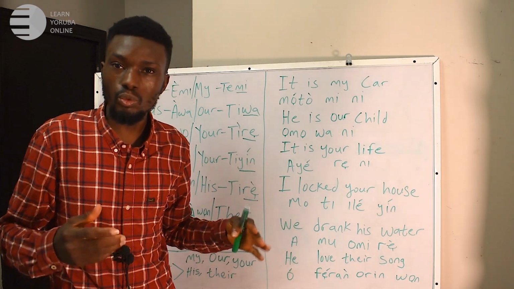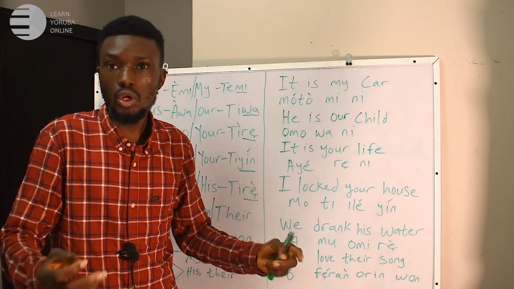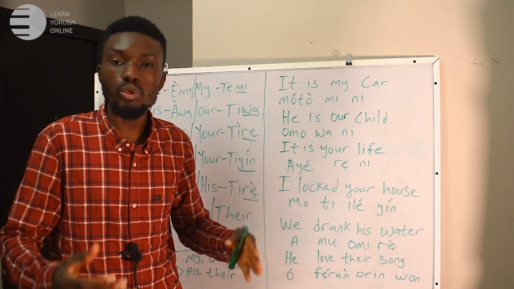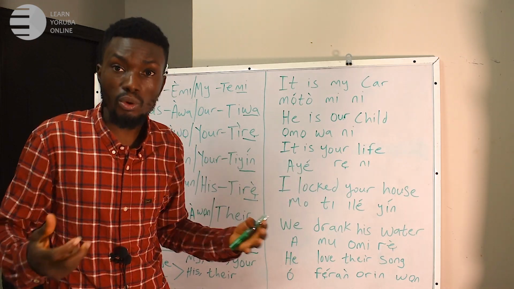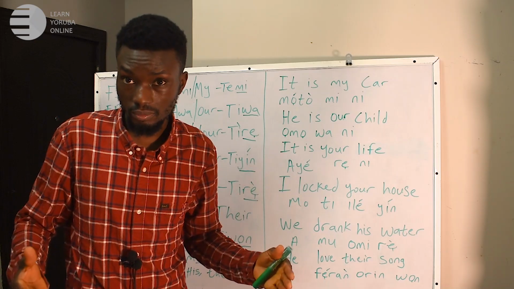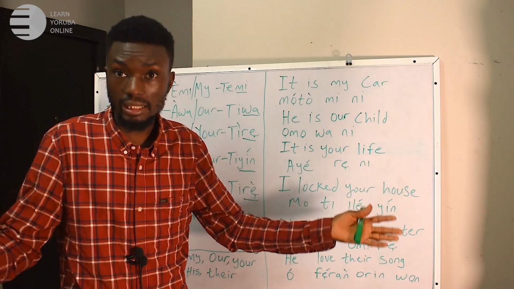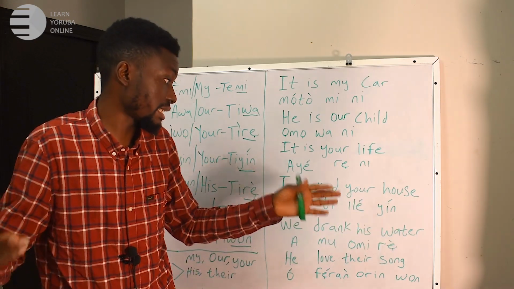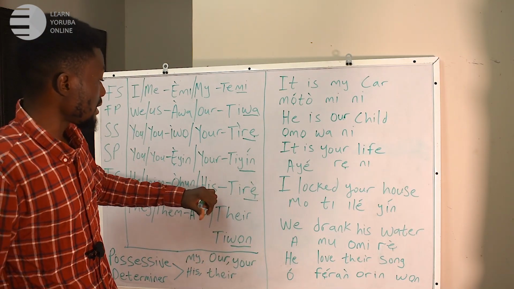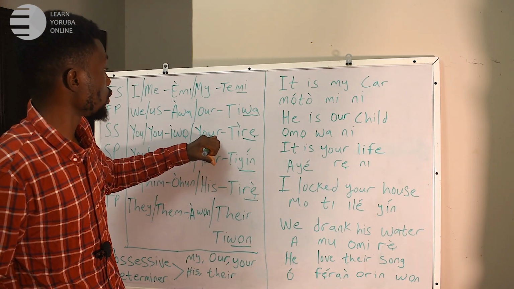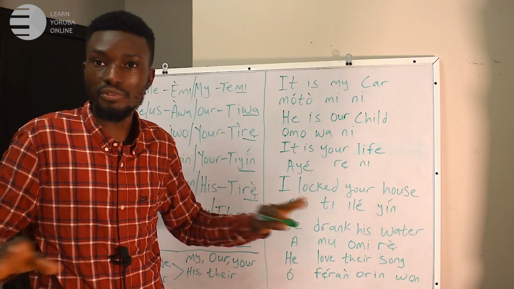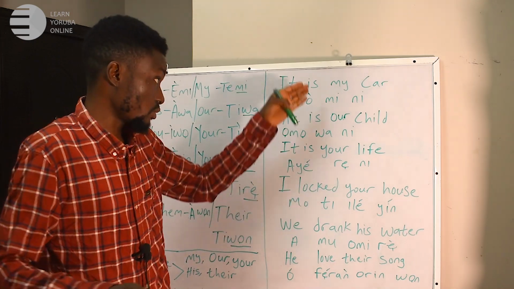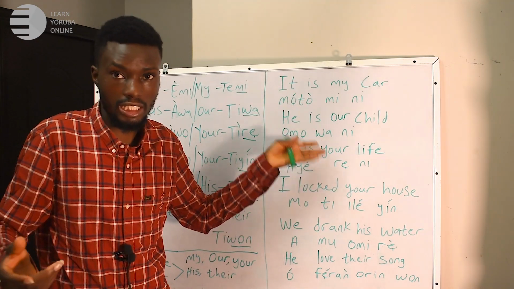So in Yoruba language, when you want to show possession of a noun, that noun will come first before you use the word for possession, like my, your, her. So the noun will come first. So we will continue in that same progression, and you will see.